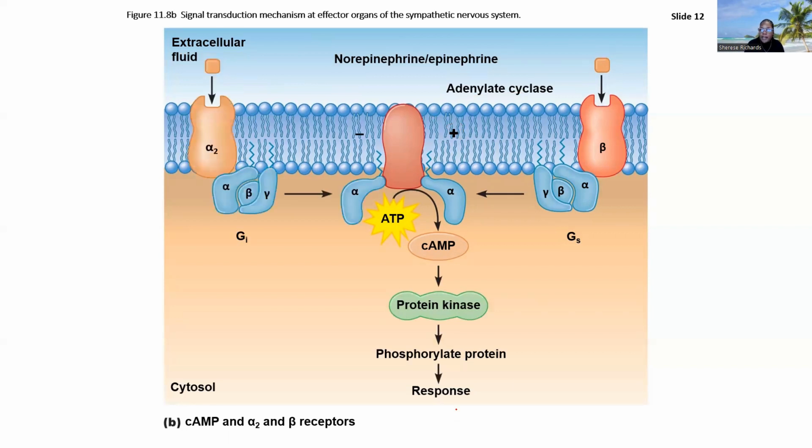So while we have described the same amplifier enzyme and the same cyclic AMP, there are very different things happening with regard to these two, the amplifier enzyme and the second messenger.